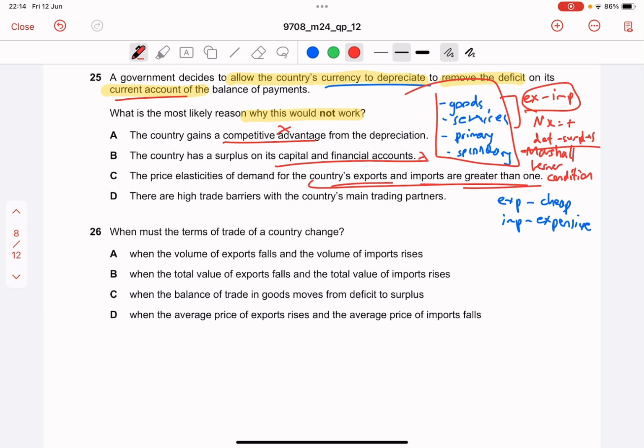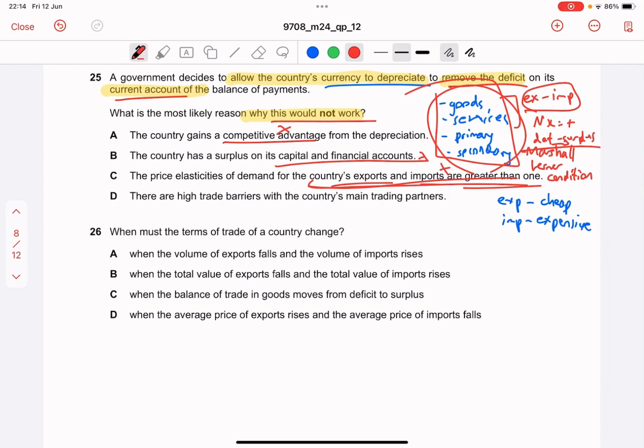But basically it means that the value of the current account will increase, so the deficit will decrease. But now the question says, what is the most likely reason why this would not work? Why the deficit will not be removed? So this one is saying that the deficit will be removed and increase their surplus, but that is not what we want. That's not the option we're looking for, so we're crossing that off.